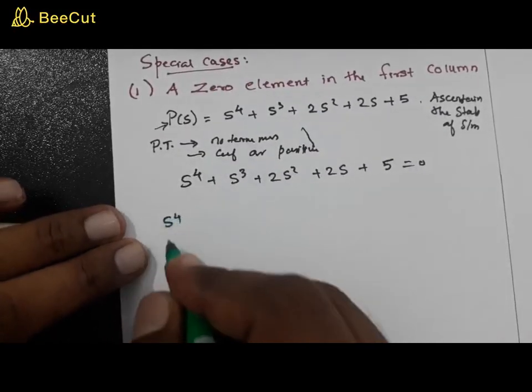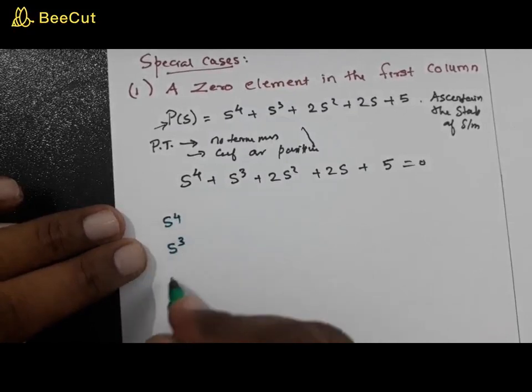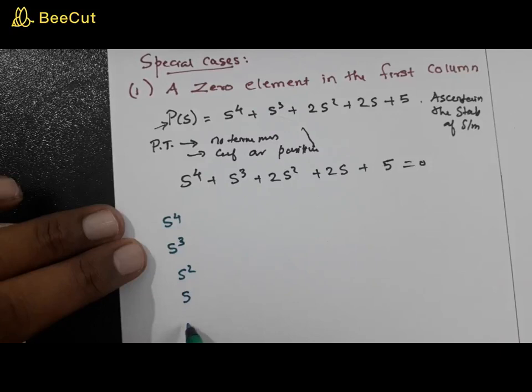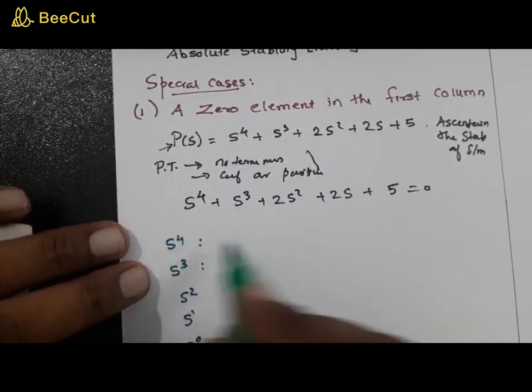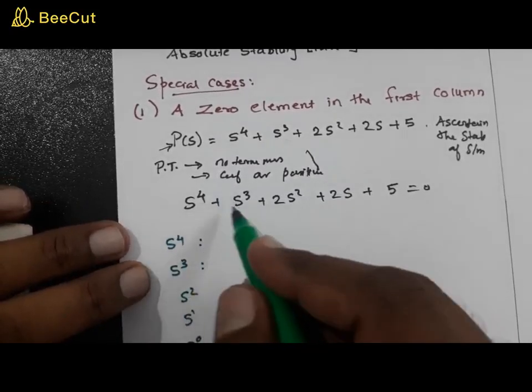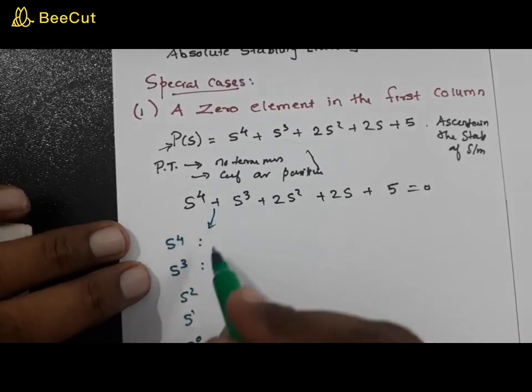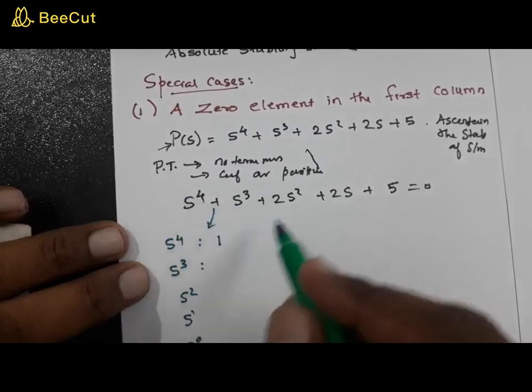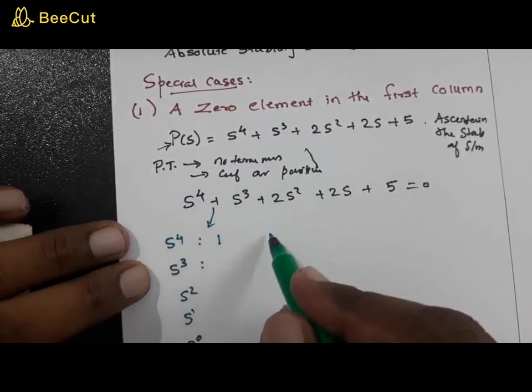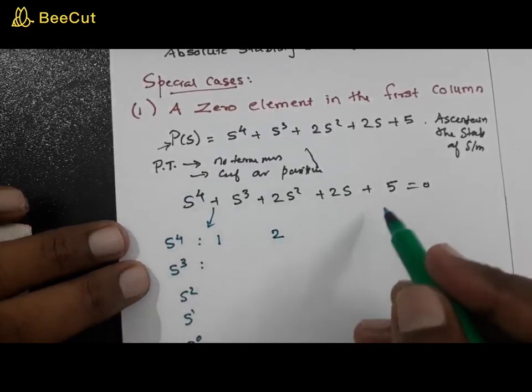So let's start to do the root array: s raised to 4, s cube, s square, s raised to 1 and s raised to 0. Now the first two rows have to be filled directly from the equation. So in your s raised to 4, the first element is 1, the coefficient is 1, then n minus 2, which is 2, then comes 5.